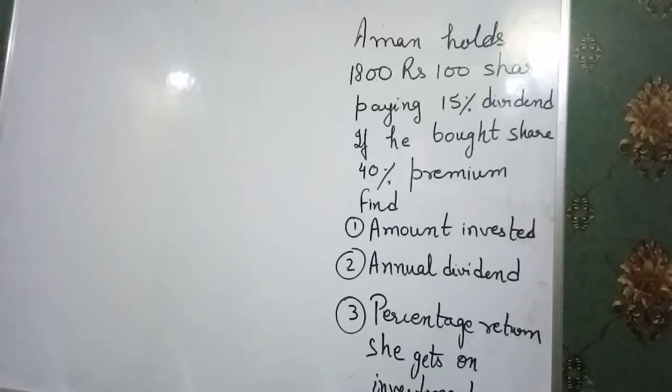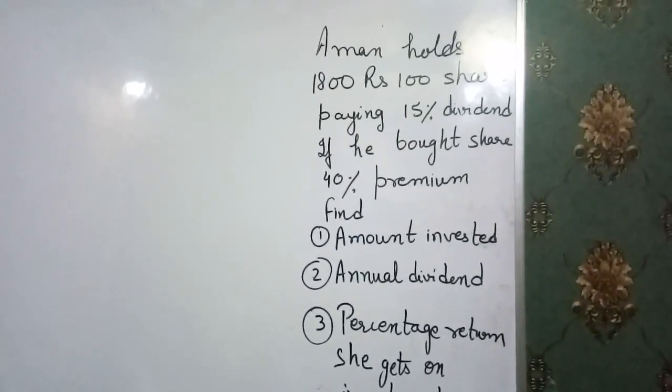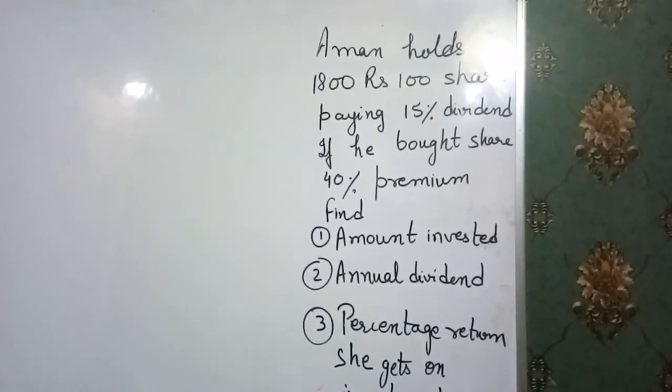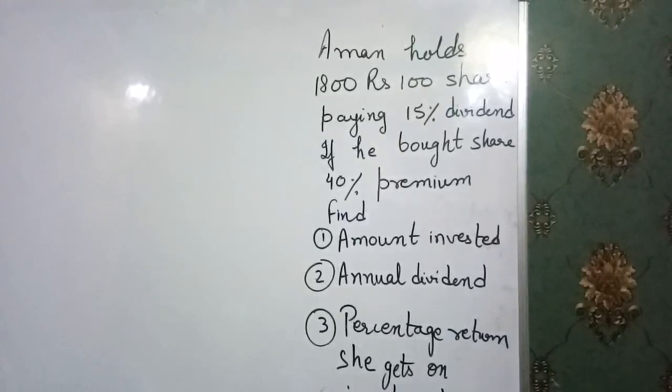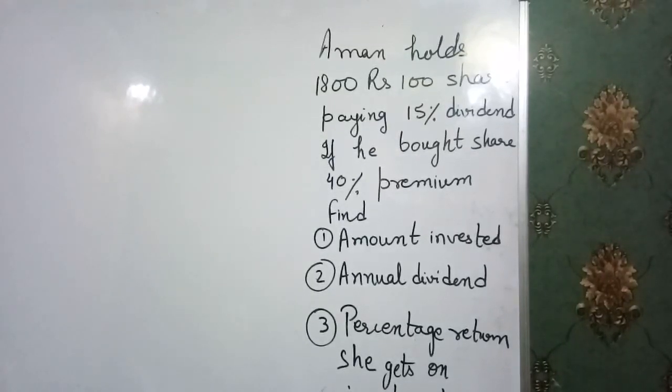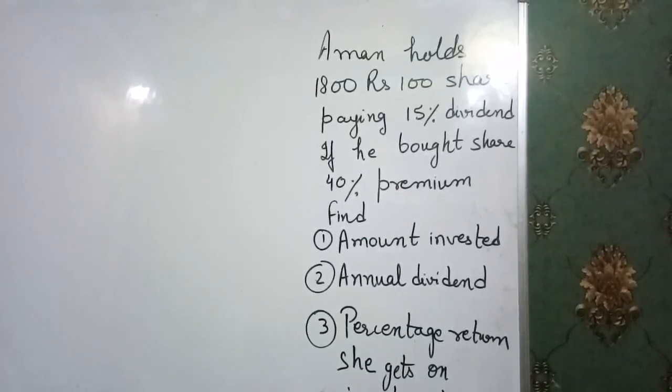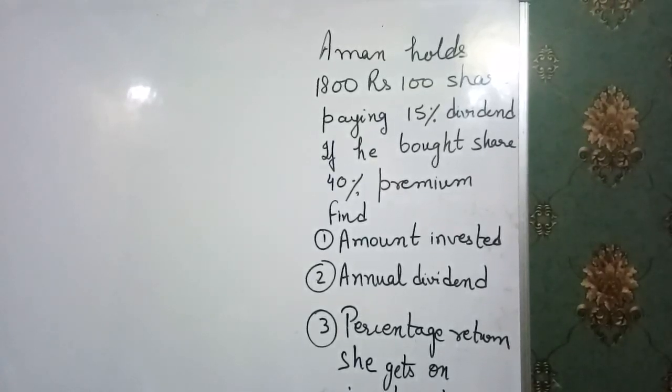Now see one more question on your screen. A man holds 1800 shares of rupees 100 each, paying 15% dividend. So here the number of shares is 1800 and rupees 100 is the face value, and the company is paying 15% dividend. He bought the shares at 40% premium. What does it mean?